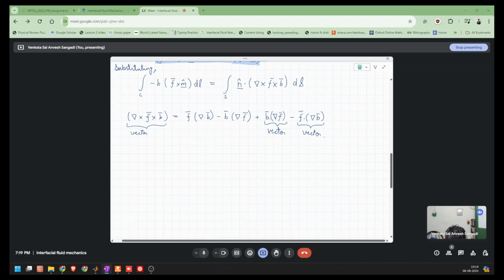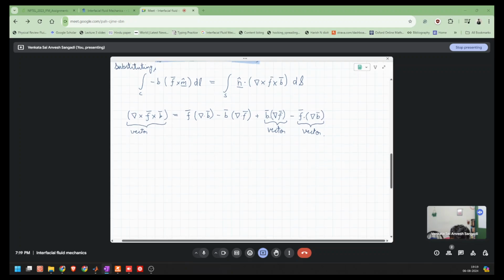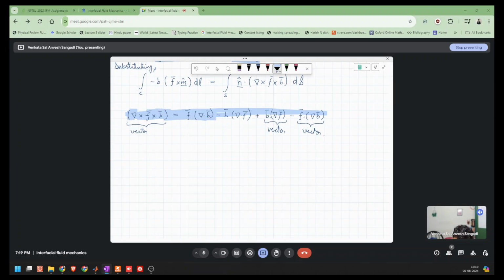Now we'll use this and substitute it into our initial equation. I'm highlighting the expressions that are being used. These can be verified using Einstein notation easily. If in case there is any trouble, I'll take this up in the next class.